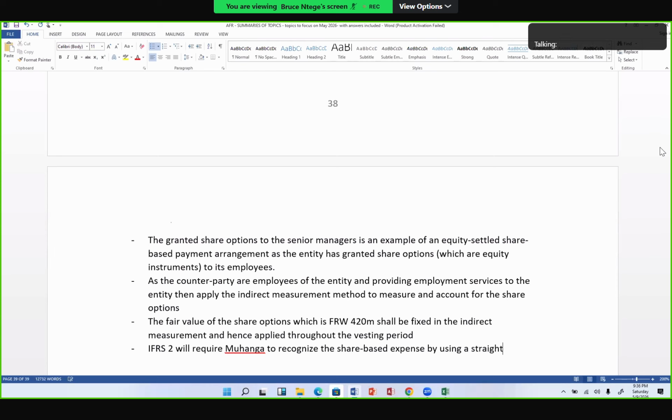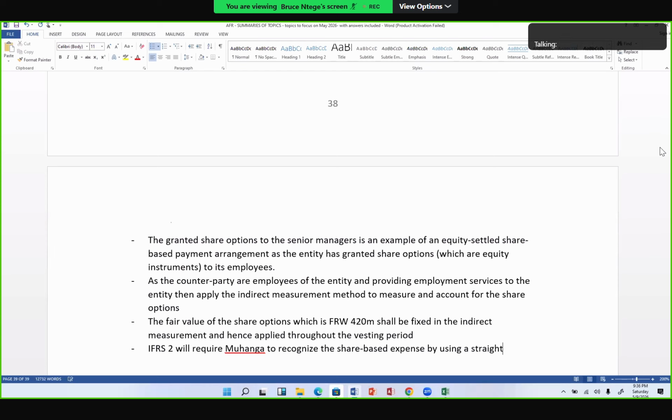However, the value may change, the figure only changes on the basis of the employees who fail to complete the 3-year period.